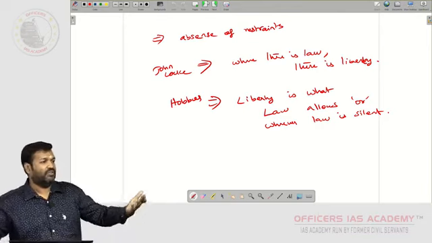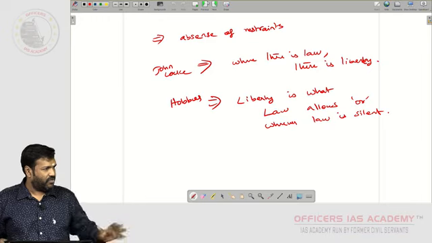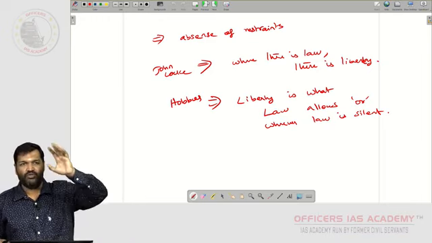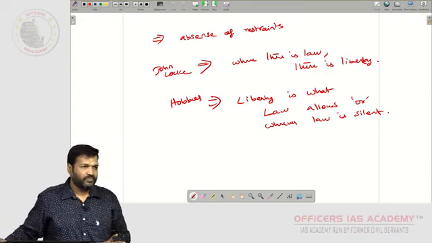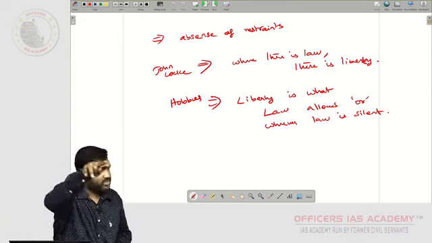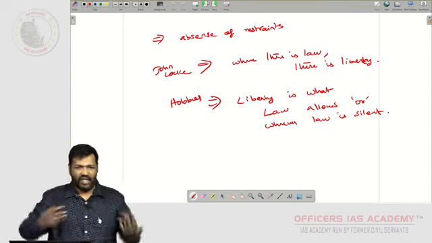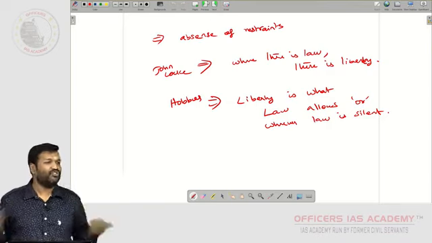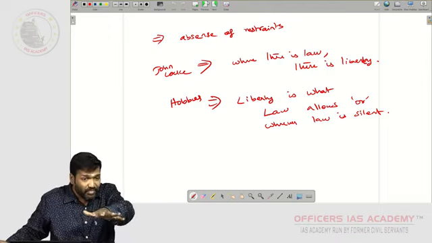What is your freedom? What is the reason you have come here? The reason you have come here is to learn something, for writing your civil service examination. That part of your freedom would be served, and the reason I have come here to take class for you, that part of my freedom will also be served if there are some reasonable rules.